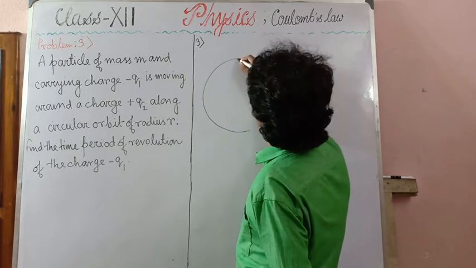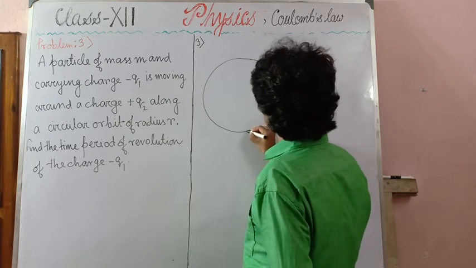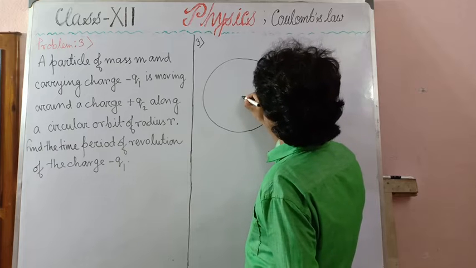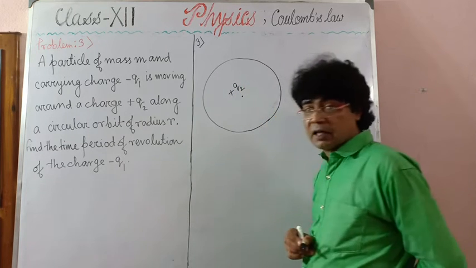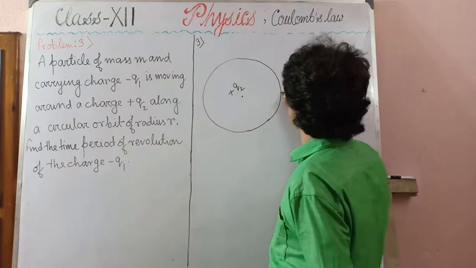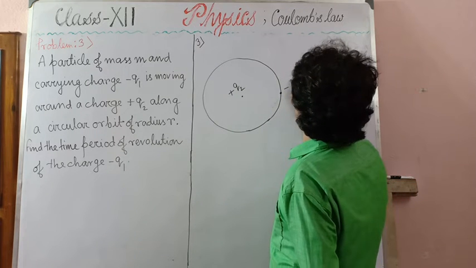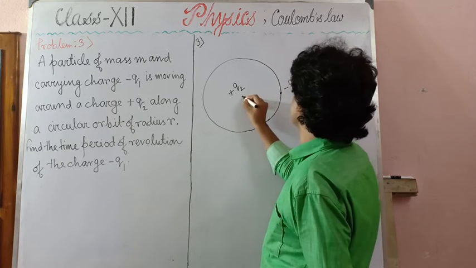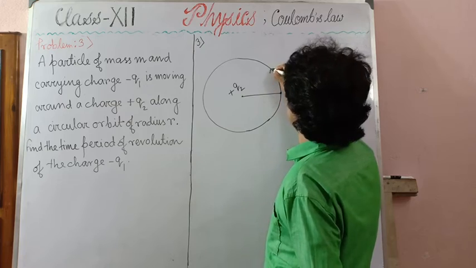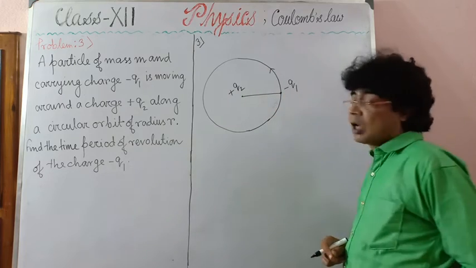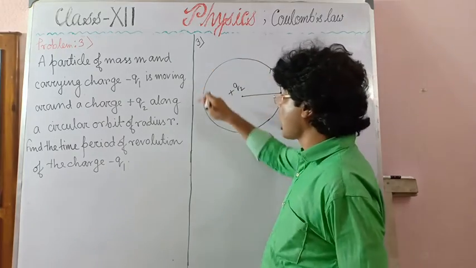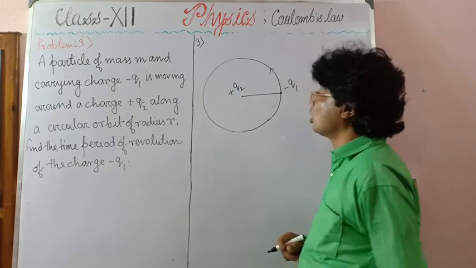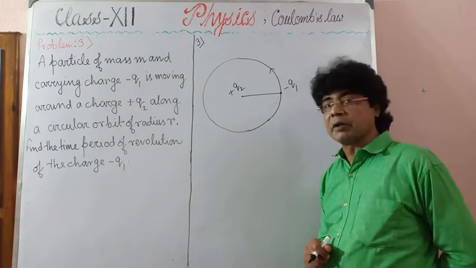Here, the charge plus q2 is fixed and another charge minus q1 is moving around q2 along a circular orbit of radius r.